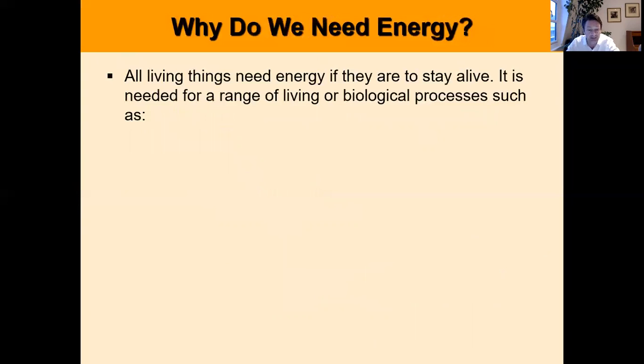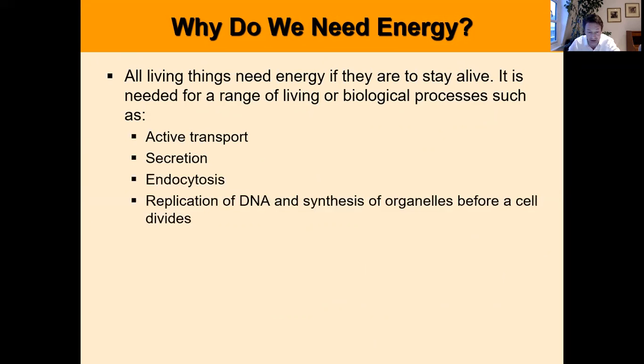So what do you need energy for? You need energy to create complexity, and energy to create order. You need energy to move things against their concentration gradient. You need energy to secrete substances, carry out endocytosis and exocytosis. You need energy to join monomers together into polymers, so replication of DNA and construction of proteins from amino acids.